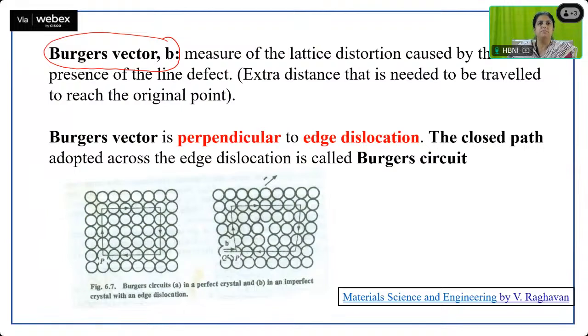So basically, what is Burgers vector? It is the measure of the lattice distortion that is caused as a consequence of the existence of your line defect. Repeating it again, it is a measure of the lattice distortion that is caused by the presence of the line defect.